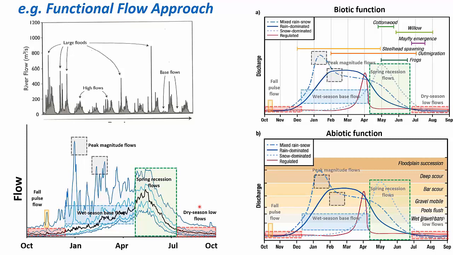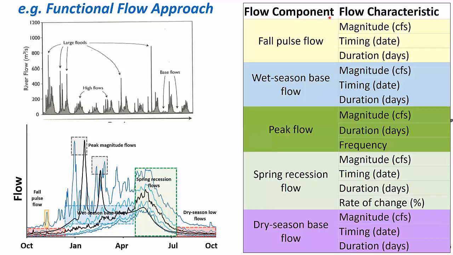So associated with that, you can draw these specific hydrographs that mimic these certain parts, these key functions, these components, and that will provide these functions that are beneficial for the things that are living within the river and along the river, and also to help to modify the physical habitat.